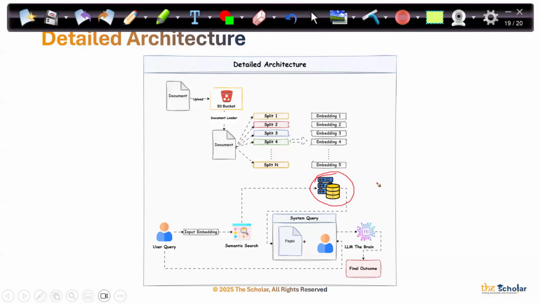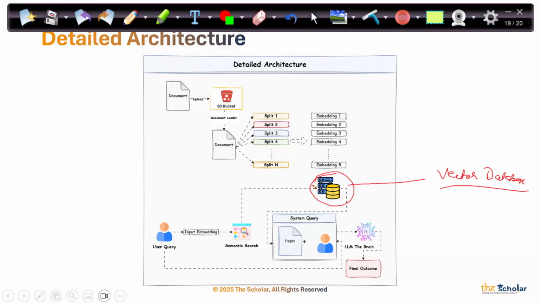That is why this database is known as a vector database, right? Vector database, because it stores the vectors. There are a lot of different vector databases available. One is your Pinecone.